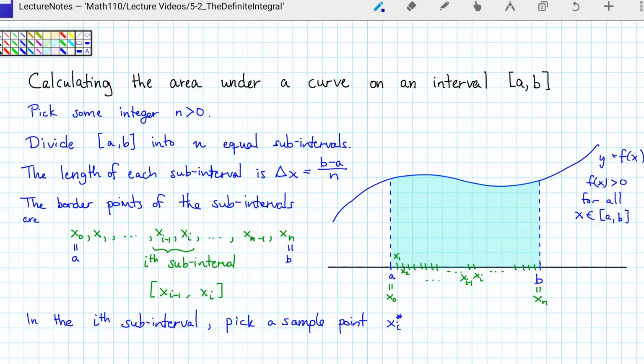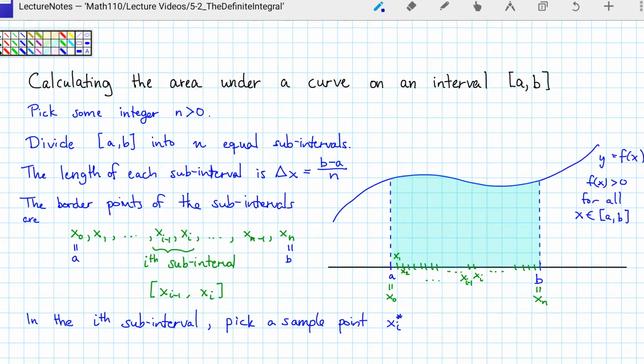So in the previous section, if we wanted left Riemann sums, if we wanted left approximations, then we would choose all of our sample points to be the left endpoint of each interval, or we might choose all of the sample points to be the right endpoint of each interval. And it turns out that it doesn't matter whether we choose left or right, or middle, or some random number inside the interval. I will show you an example of that in a little bit.